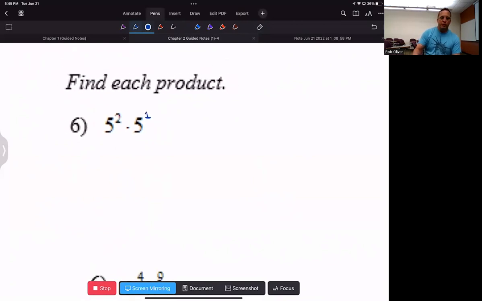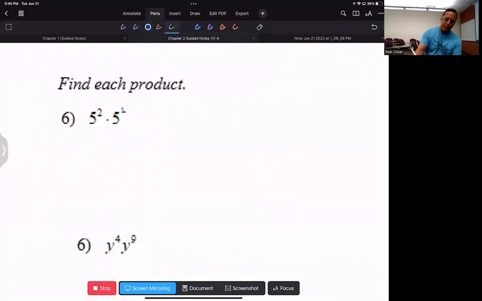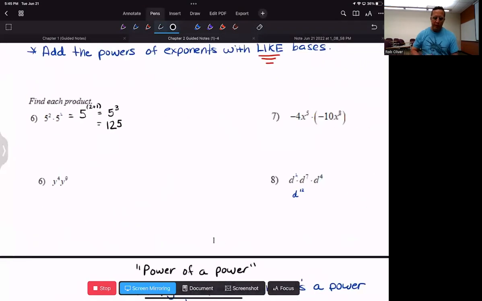So all we have to do is add the powers. So it's going to be 5 to the, you don't have to do this, but I'm just going to write it out, 2 plus 1 power, which is 3, 5 cubed. And then it says find the product, which means we're going to work it out, which is 125. Okay, so that's number 6.